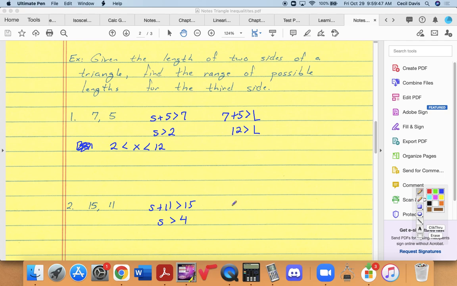If it's the long side, 15 plus 11 has got to be bigger than the longest side. So the longest side has to be less than 26. So it's between 4 and 26.